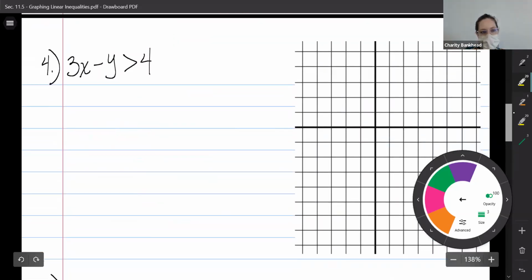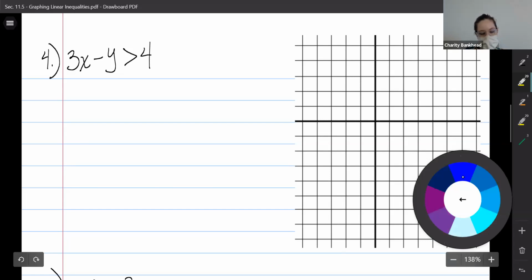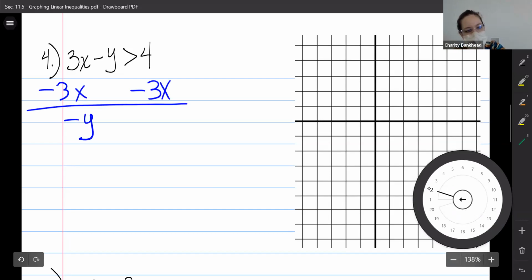All right, number 4, again, that's not in slope-intercept form, so we need to get it in slope-intercept form. So we need to subtract 3x from both sides. So that makes it -y is greater than -3x plus 4.